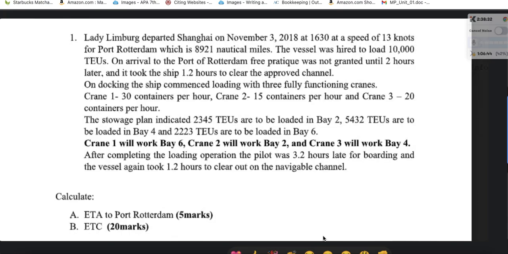Alright, continuing. So 5432 divided by 20 is 271.6 hours. Is that right? 271 plus 0.6. Yes. Okay, divided by 24 is 11.32 days.